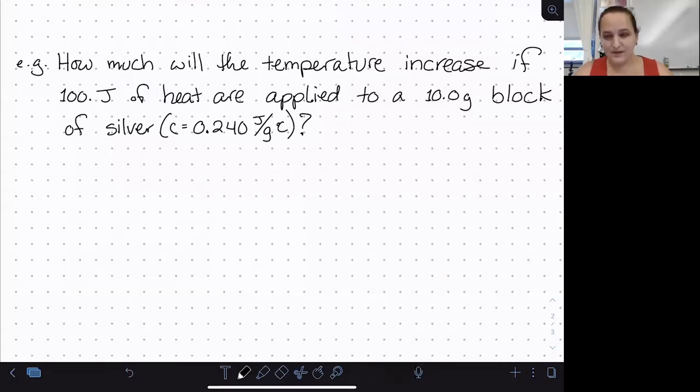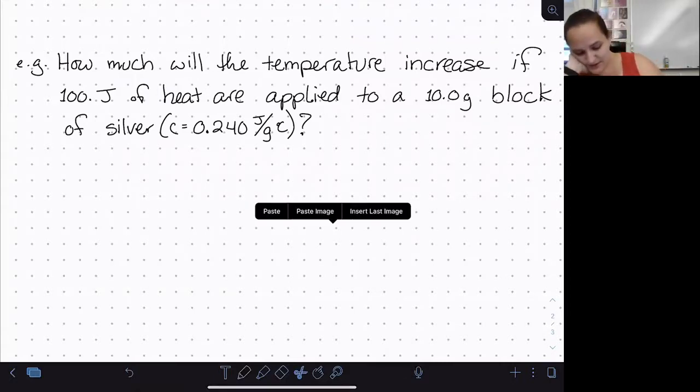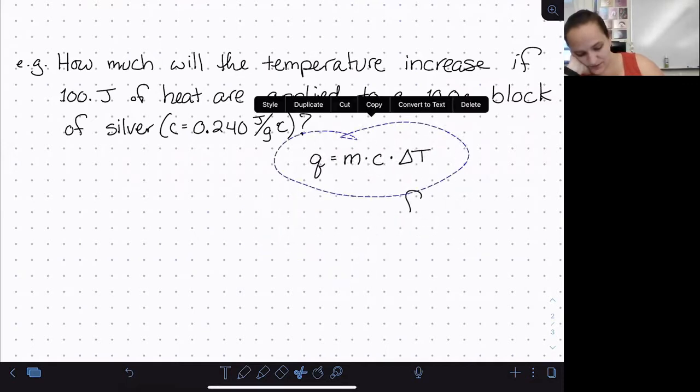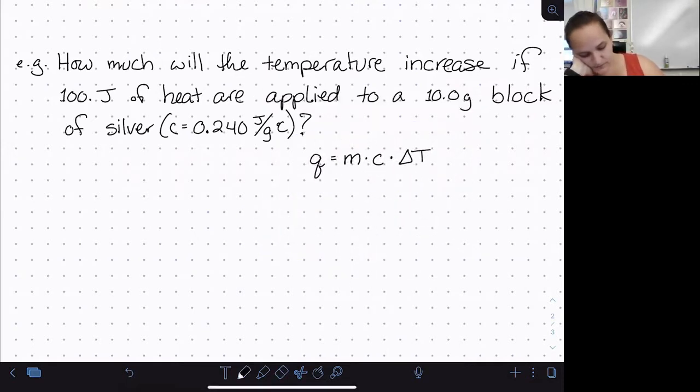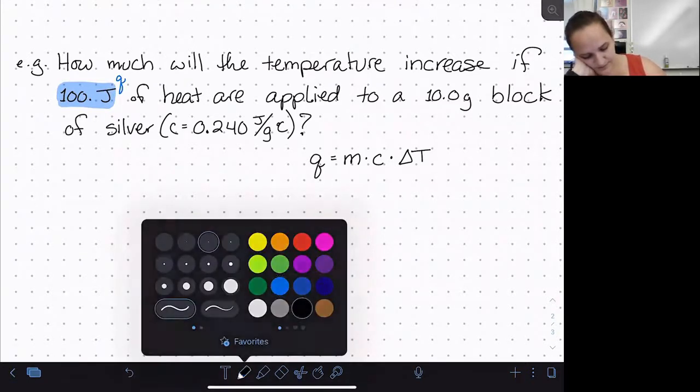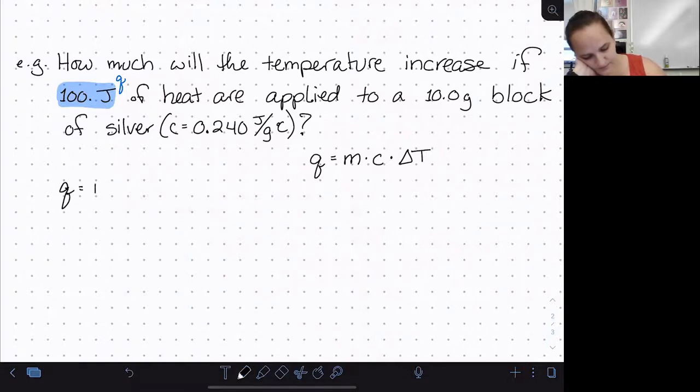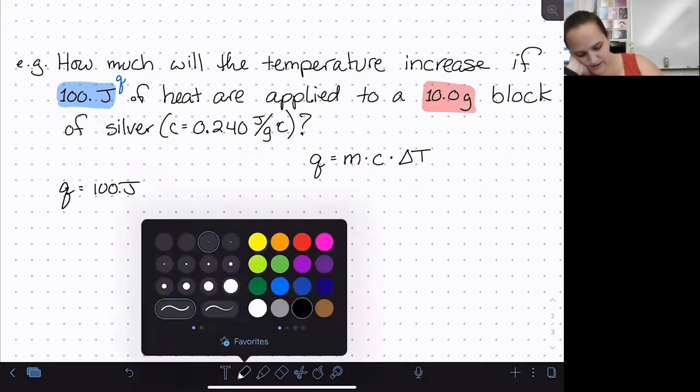In this one, same idea, same equation here. In this case, we know the amount of heat that's being applied. We're told that 100 joules of heat is applied to this sample. So that is Q. We are told that it is a 10-gram block of silver, so we're given the mass.